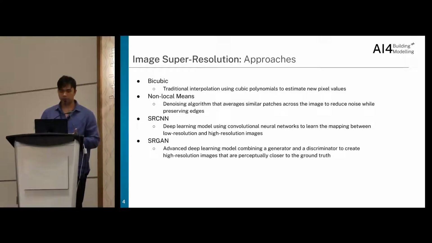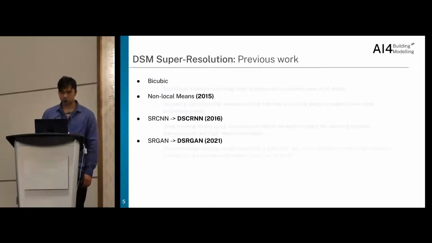They compete with each other to generate images that are perceptually closer to the ground truth. In the DSM domain, or digital elevation model domain, we can see that these approaches are also applied. In 2015, non-local means was used for this. Here is a CNN-based one, and also a GAN-based method.